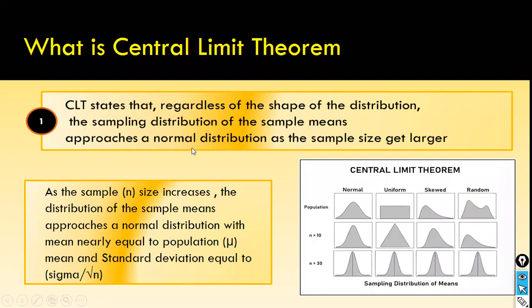When it approaches a normal distribution as the sample size gets larger, that is what the central limit theorem tells us. Remember that irrespective of the population shape, as you increase the sample size, it becomes normally distributed, especially when the sample size is 30. This is the one you need to remember. If the sample size is 30, it becomes approximately normally distributed.